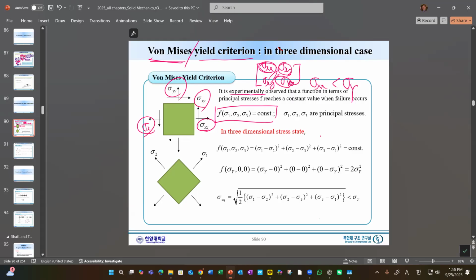But anyhow, it was experimentally observed that a function in terms of the principal stresses reaches a constant value when a failure occurs. Okay, we already learned about sigma 1 and sigma 2, which are the principal stresses. Principal stress is always the stress where shear stress does not occur.